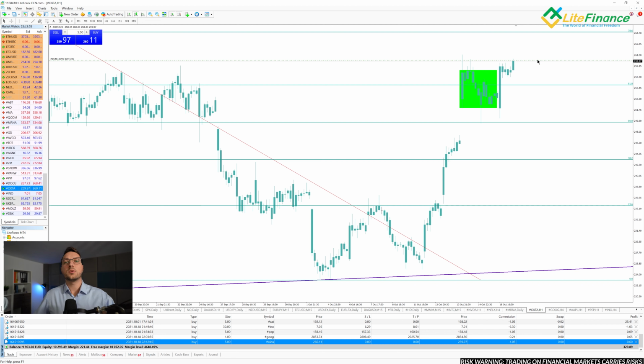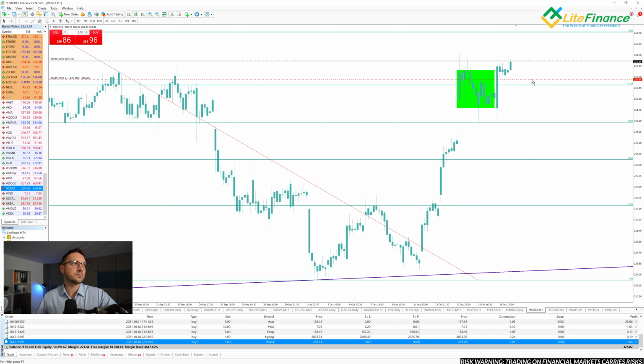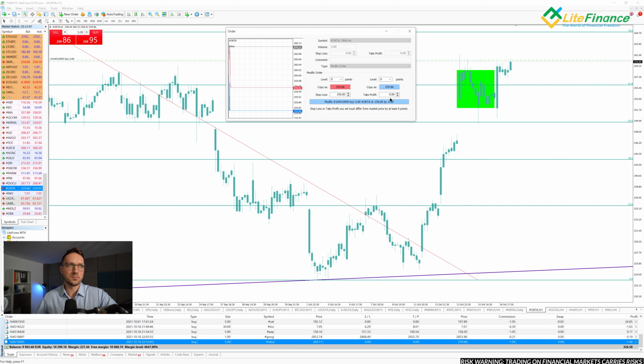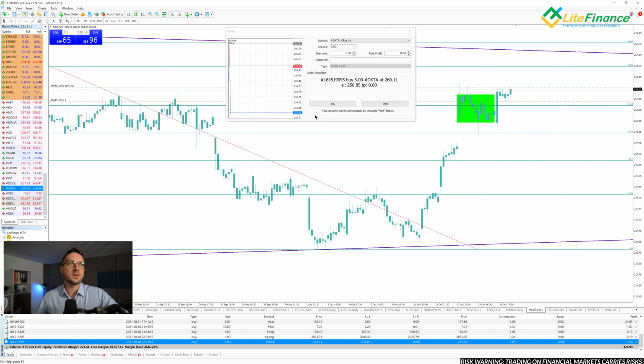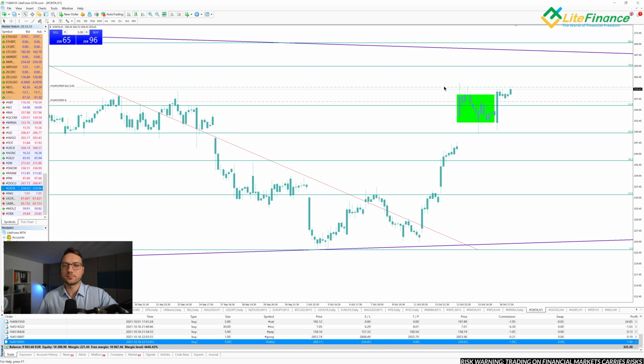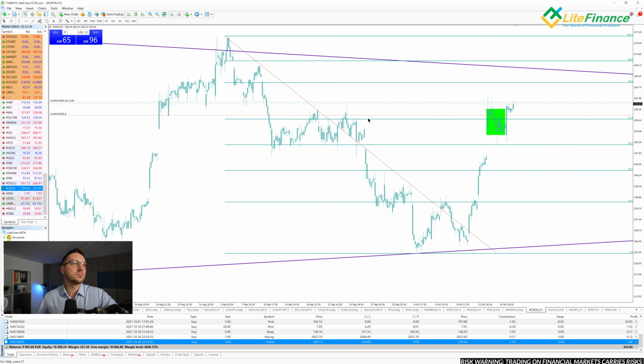And right now we need to decide where to set a stop loss and a take profit. The most common thing we can do is set it below this small retracement, which is 32 pips. And as for the take profit risk reward ratio, in this situation, let's zoom out the chart.